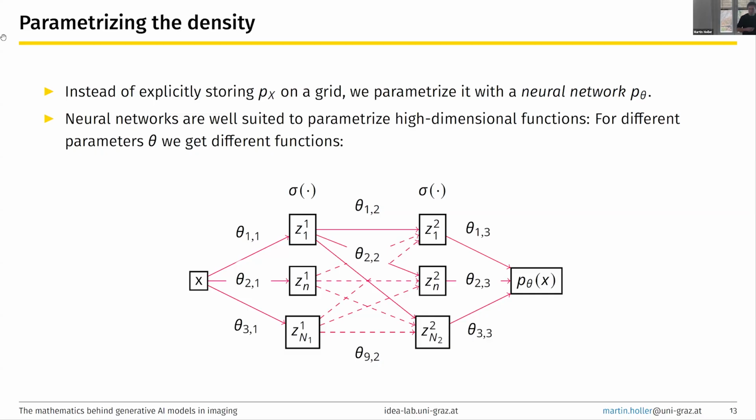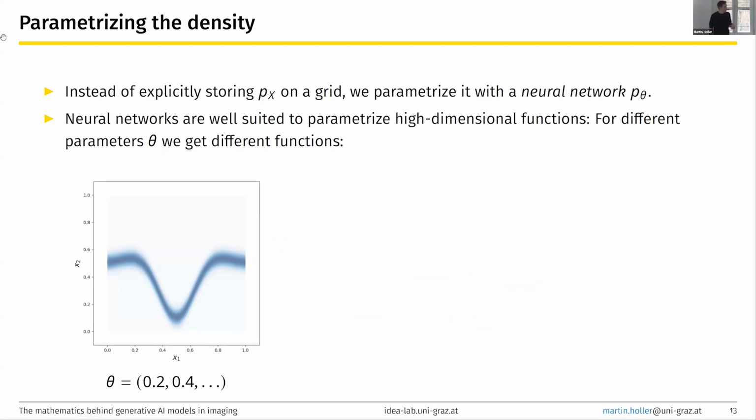These weights you can tune as you want, and for every choice of weights, you get a function, in this case a function from R^d to R, for example. And now, if I want to find a good neural network, I need to tune these weights. I need to find the correct weights such that the function does what I want. In our case, I would like to find the neural network that represents this probability density function as well as possible.